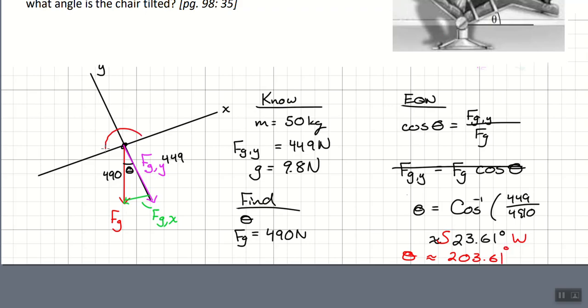Well, it's going to be way more than 203.61, isn't it? It's going to be 180 plus, oh, what's this complement? I don't know. The big angle here is what I want to write. It's not 203.61. I added up the wrong thing. 270 minus 23, 246.39. That's a better answer. Cool. Okay. That's our chapter.